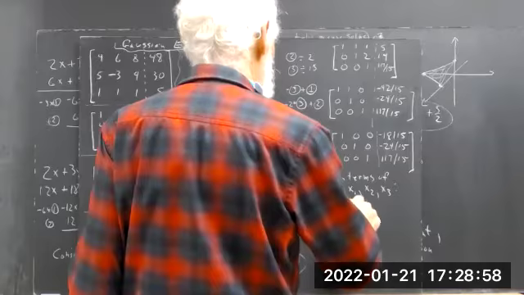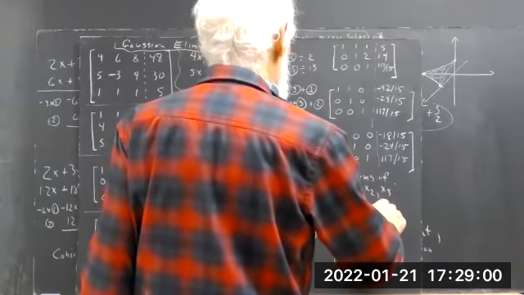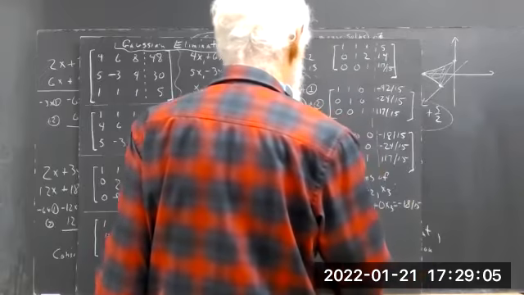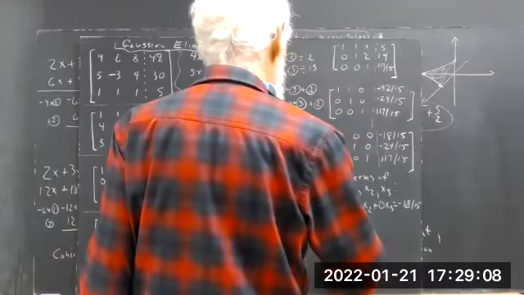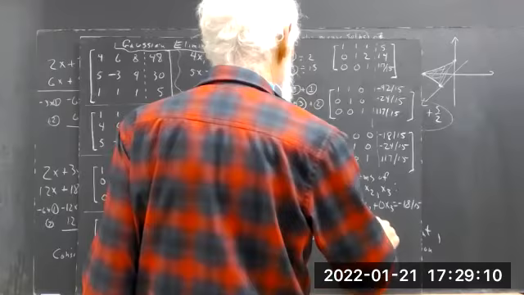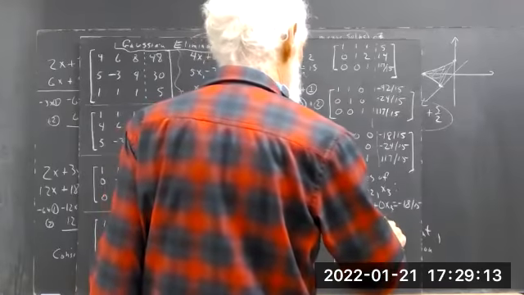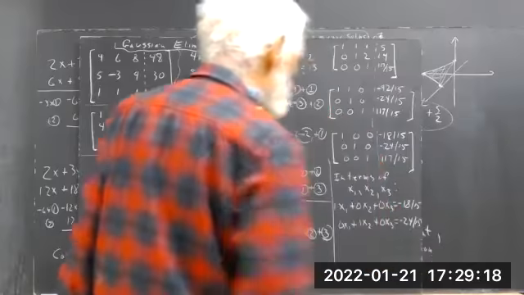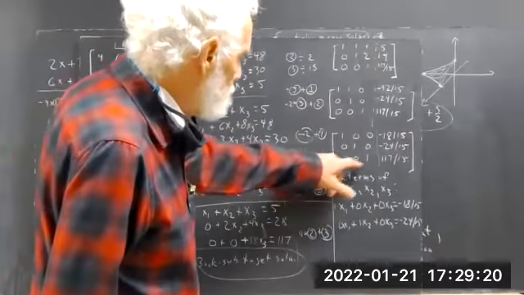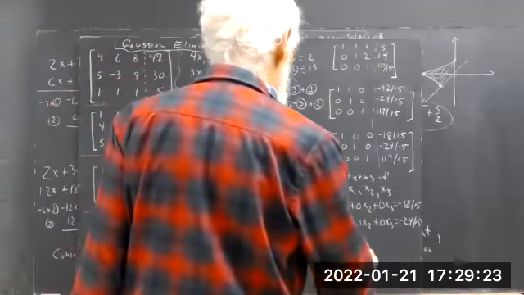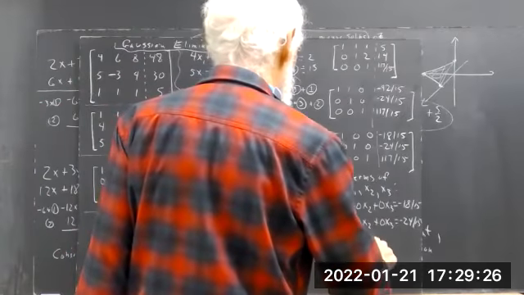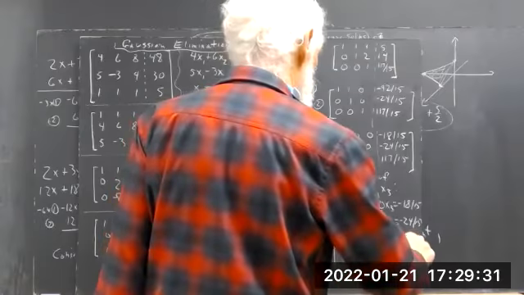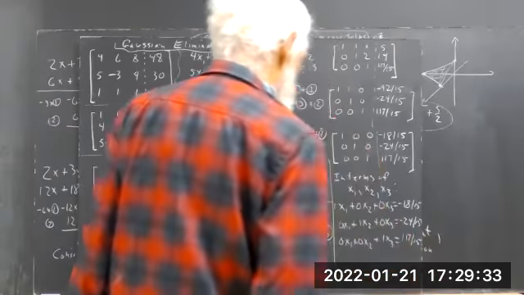This is x1 plus 0x2 plus 0x3 equals negative 18 over 15. 0x1 plus x2, I'll put the 1 in there, plus 0x3 equals negative 24 over 15. And 0, 0, 1 just means 0x1 plus 1x3 equals 117 over 15.